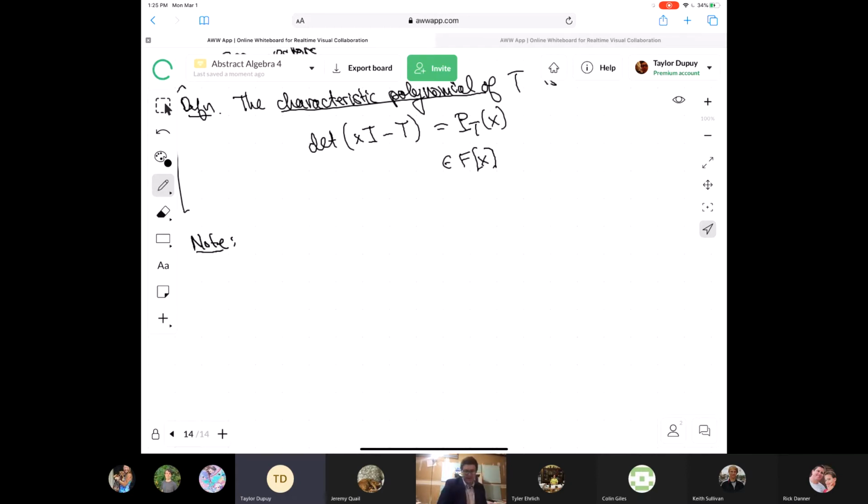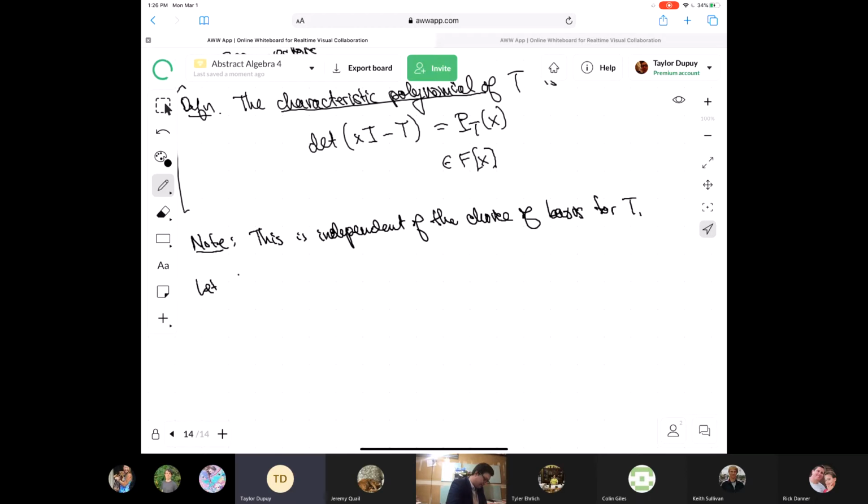To take a determinant, the way that you know how to do it now is you make a basis, and then you take the matrix of the linear transformation in that basis. So this is independent of the choice of basis for T. Let's do it.